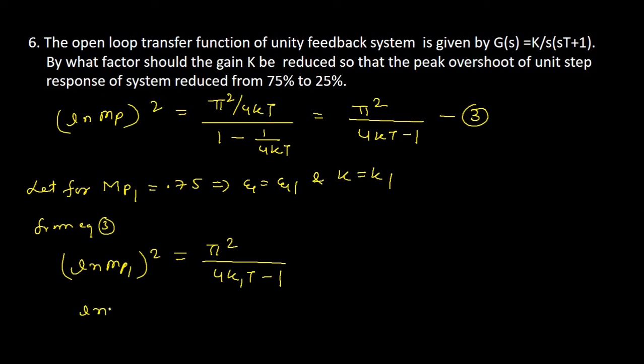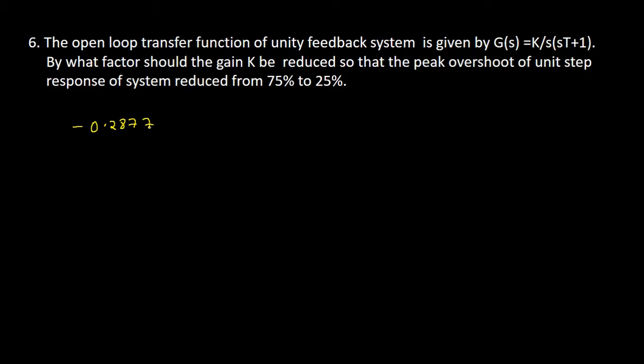We get (ln 0.75)² = π² divided by (4K1T − 1). ln 0.75 is −0.2877.